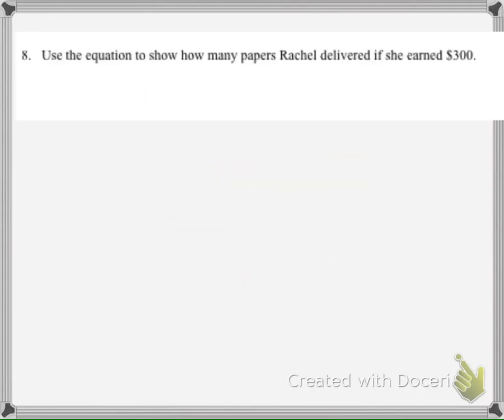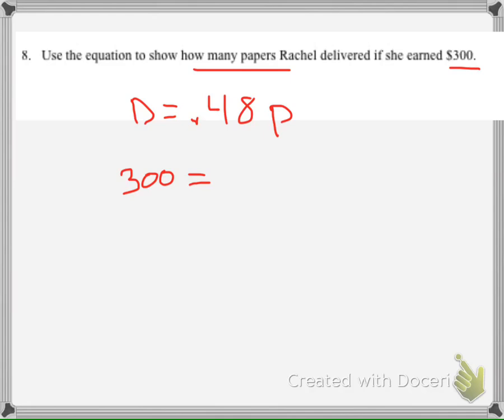Okay, now they're asking how many papers Rachel will have to deliver in order to earn $300. So here's my general equation again. I always like to write it down to refer to it. And they're giving me money, which is D for dollars, and they're asking for papers, which is P. So I'm going to substitute in 300 for the D and keep the rest. Now this is a simple one-step equation.